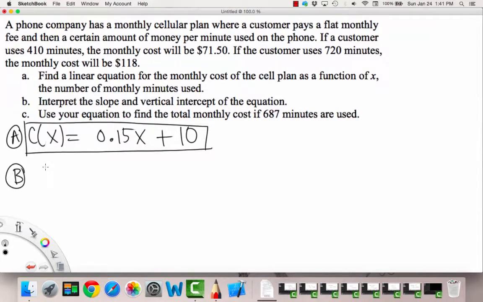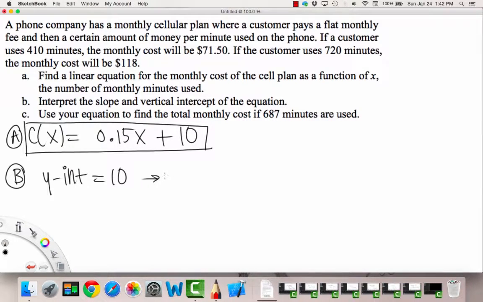We have to interpret the slope and vertical intercept of the equation. I think it's easier to start with the vertical intercept, or y-intercept. The y-intercept is equal to 10. The y-intercept occurs when our input is 0, so that means when we have 0 minutes used on your phone.